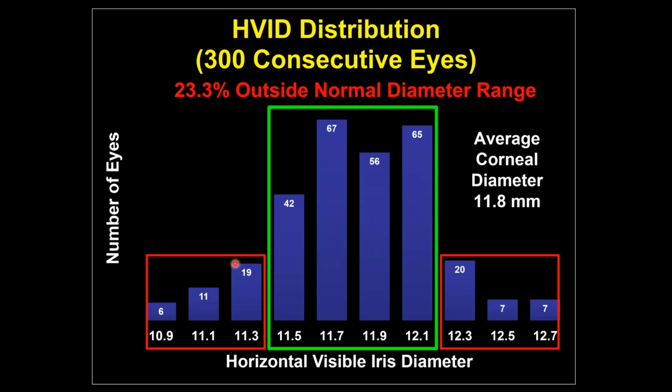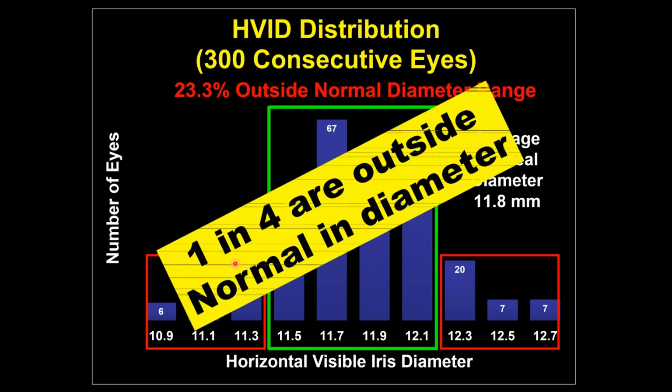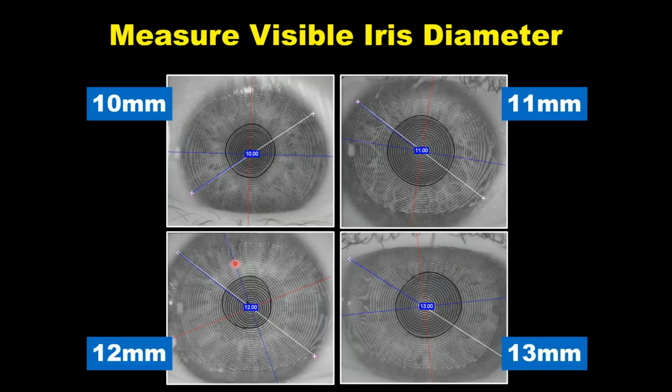Now, what about all these patients that are at the extremes? Well, approximately 1 in 4 patients that we might fit in contact lenses has a visible iris diameter that's very much on the small or large size and may not be best served in conventional diameters of, let's say, soft lenses, the big box retail brands. So as an example, would you put a 14 millimeter diameter on a 10 millimeter eye?